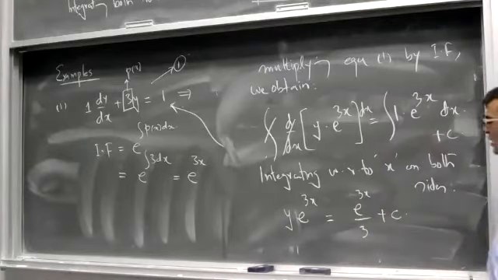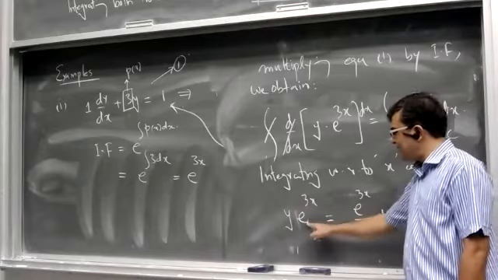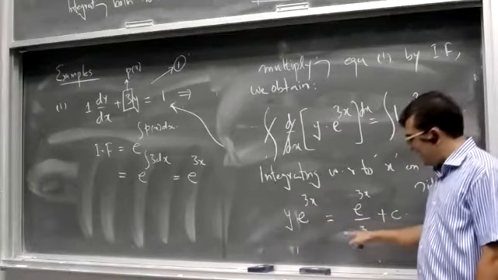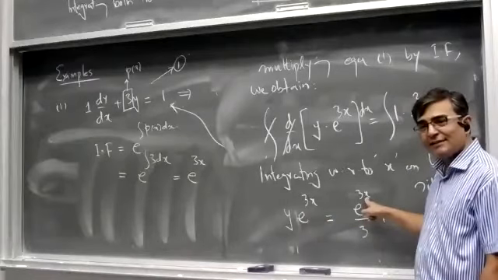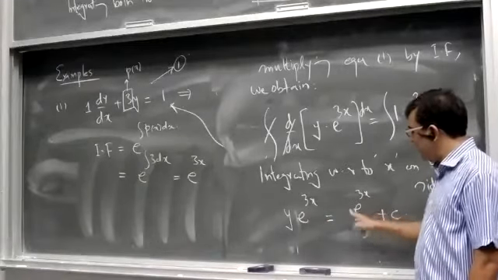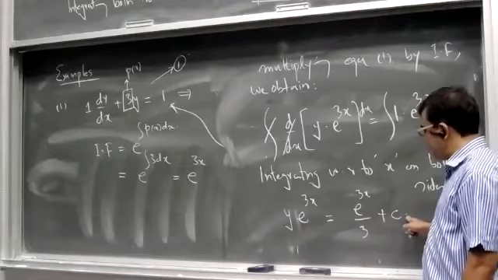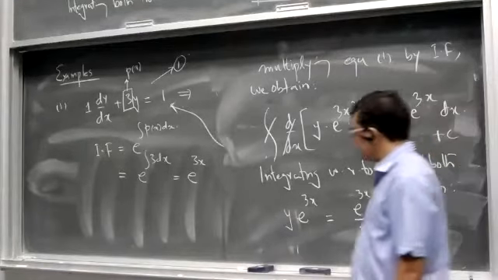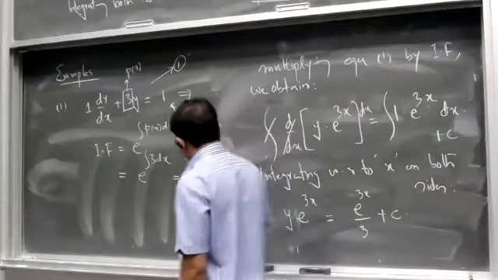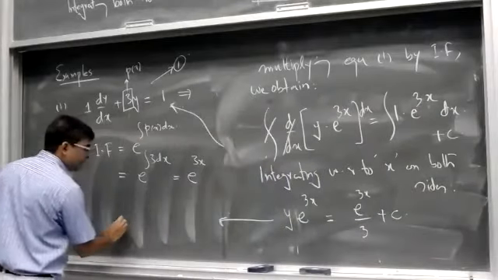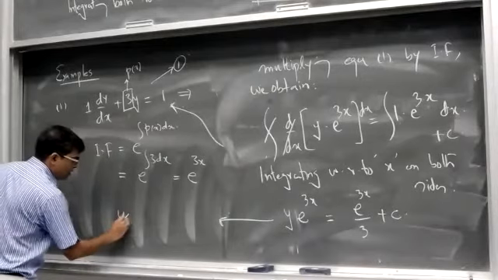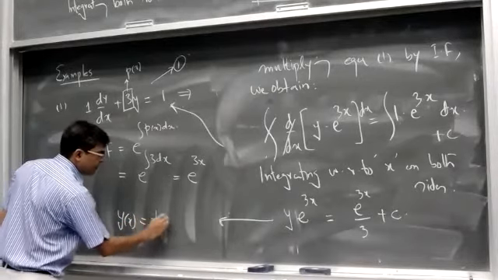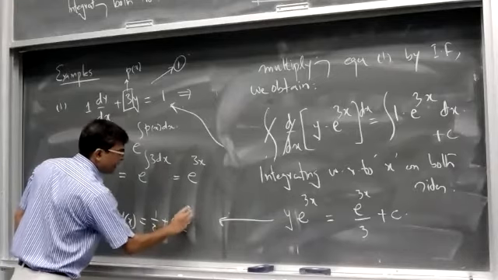Now you divide by e raised power 3x here. When you divide, e raised power 3x cancels. What do you get? 1 by 3 plus c into e raised power minus 3x. So you get y of x is equal to 1 by 3 plus c e raised power negative 3x.